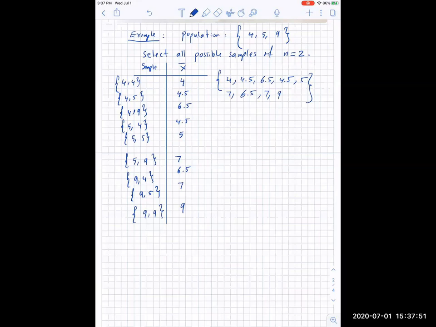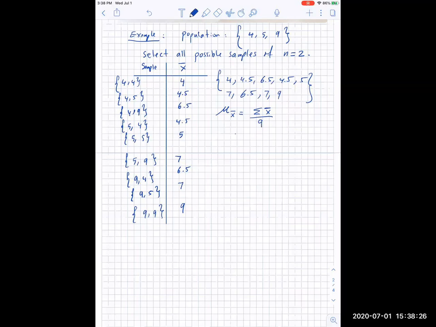Now, what if I find the mean of these sample means? Notice I'm adding all the sample means and then dividing by the number of samples. How many sample means do I have? 3, 6, 9.